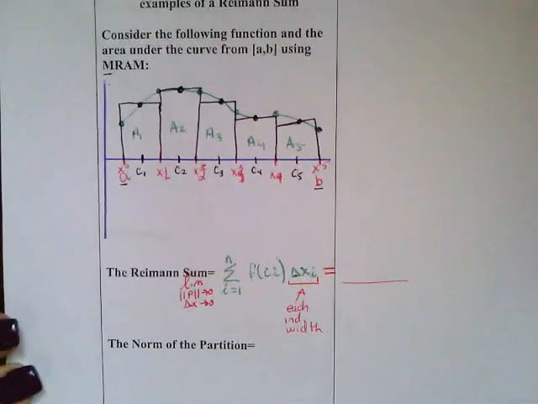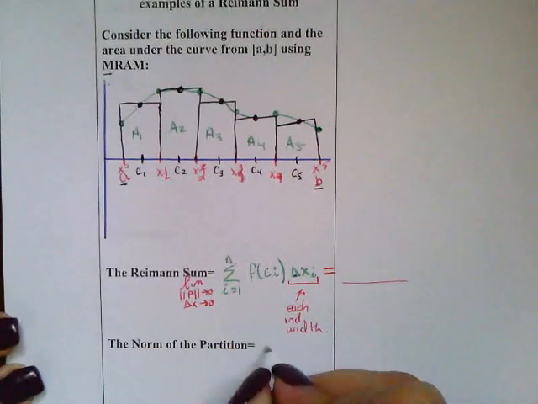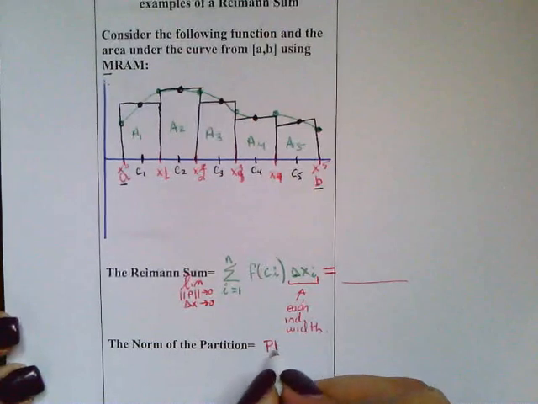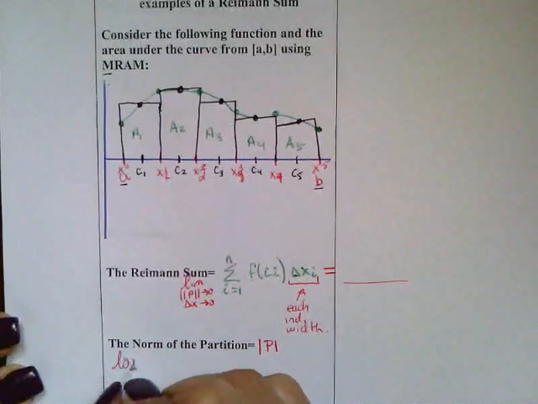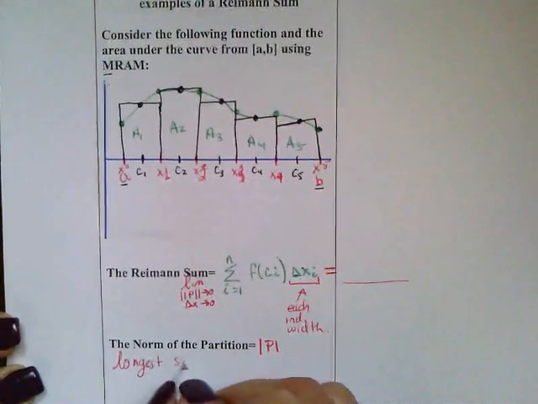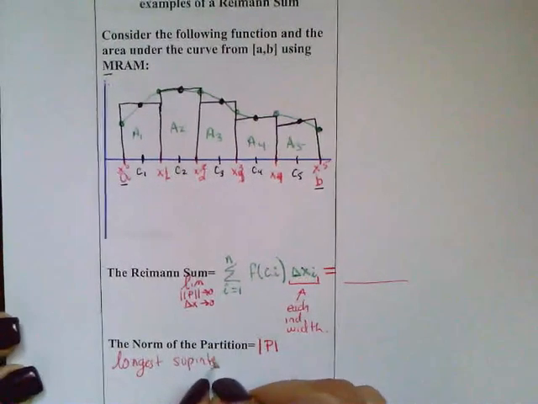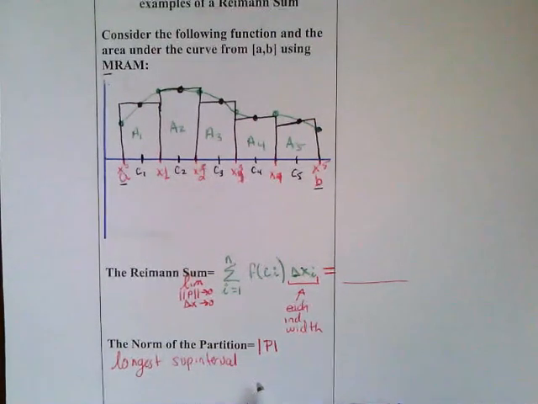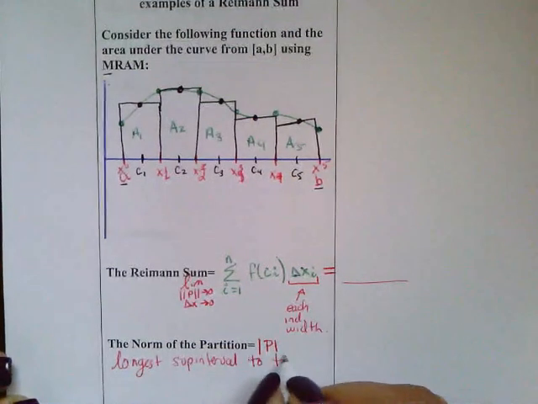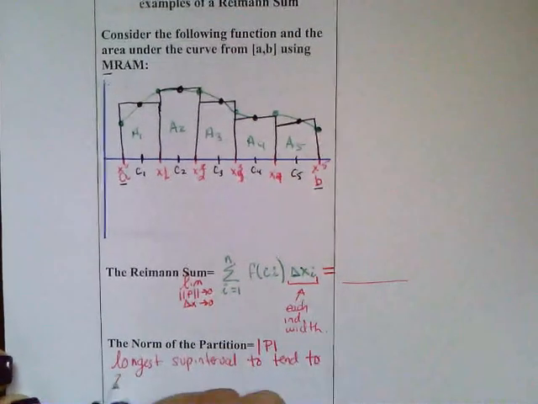Alright, the norm of the partitions is represented by P. Basically, what this is saying is that the longest subinterval tends to 0.